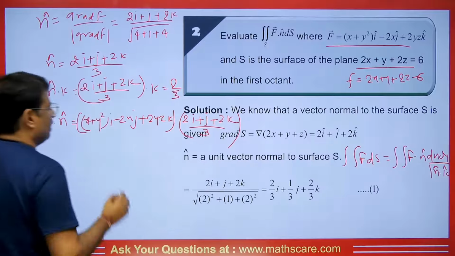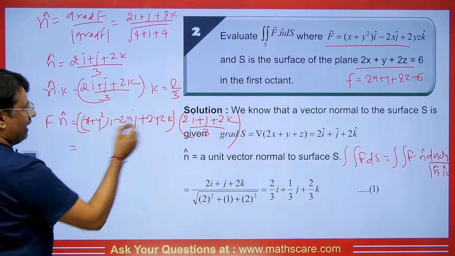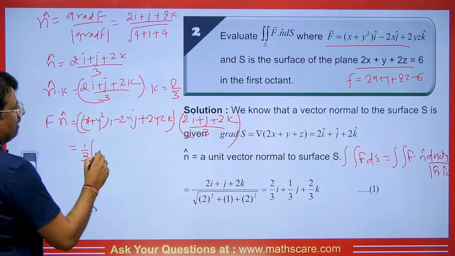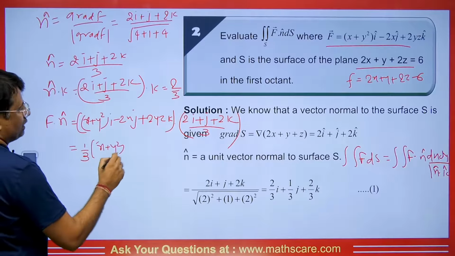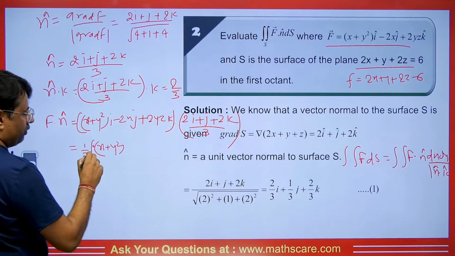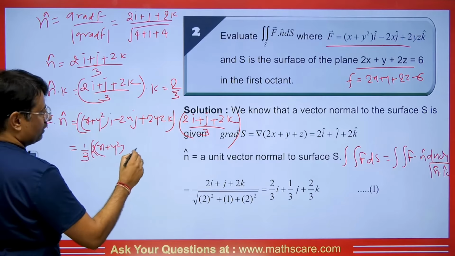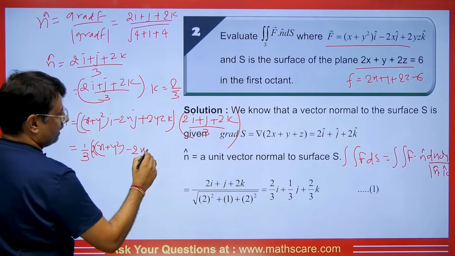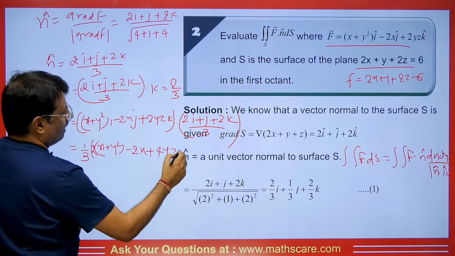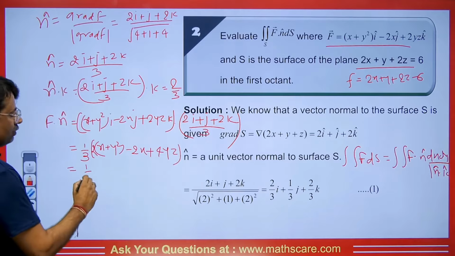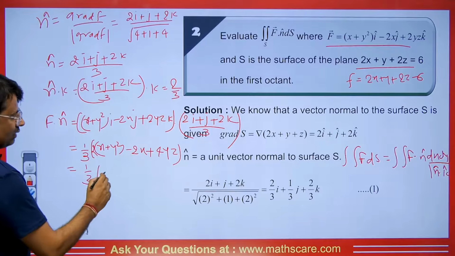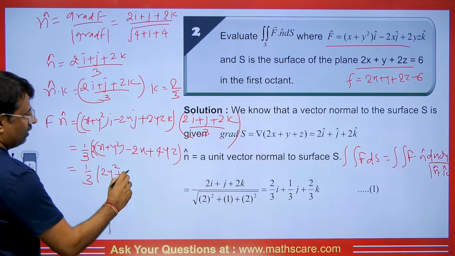When you calculate the dot product, i dot i is 1, so put 1 by 3 out. Then we will get x plus y square into 2. Calculate j dot j, it will be minus 2x. And when we calculate k dot k, it will be 4yz. We will simplify this: 1 by 3, 2x is cancelled with 2x. So we'll get 2y square plus 4yz.